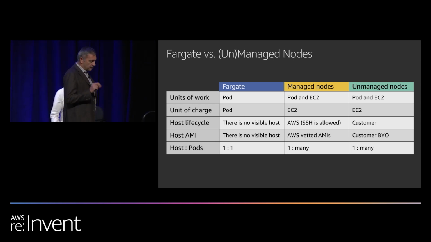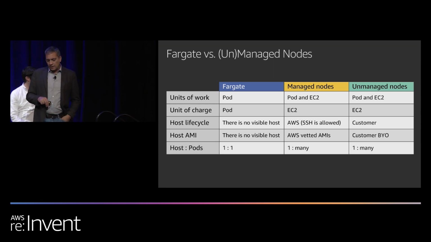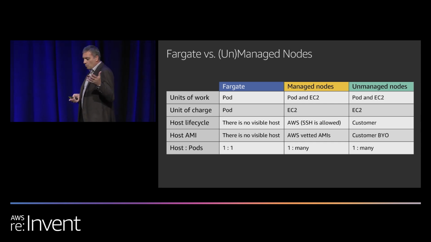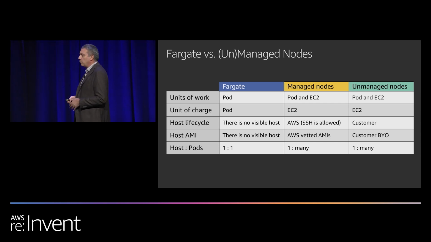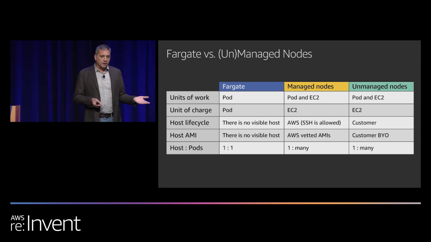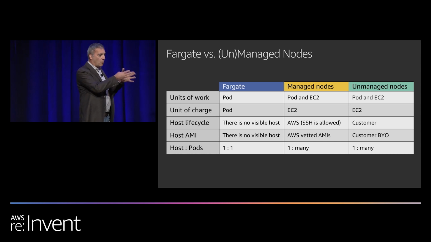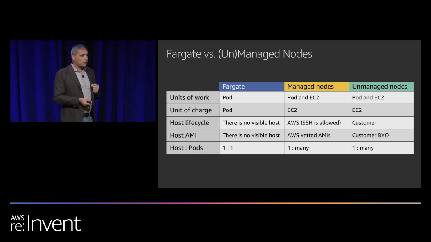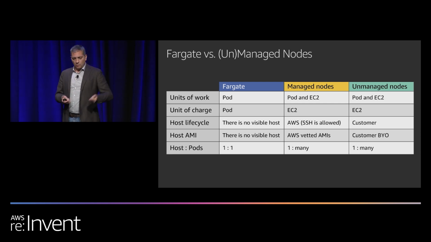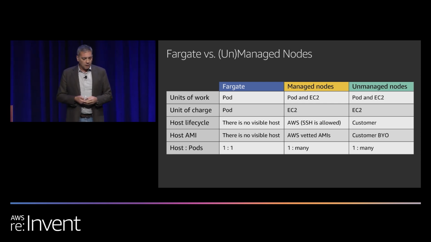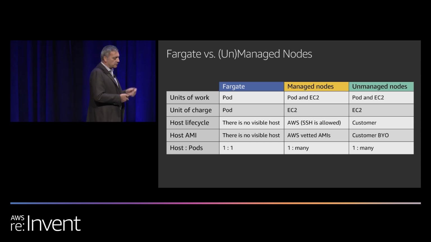The last difference is that typically with an EC2 deployment, you have a one-to-many deployment. You have one host that supports many pods. With Fargate, we only deploy one pod per micro VM or VM from the Fargate fleet, right? There is a one-to-one mapping between the VM that we source from the Fargate fleet and the pod that you are deploying.